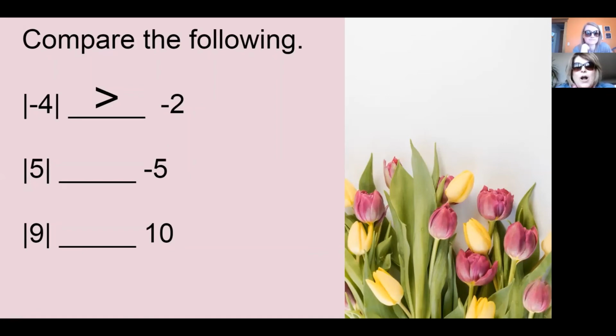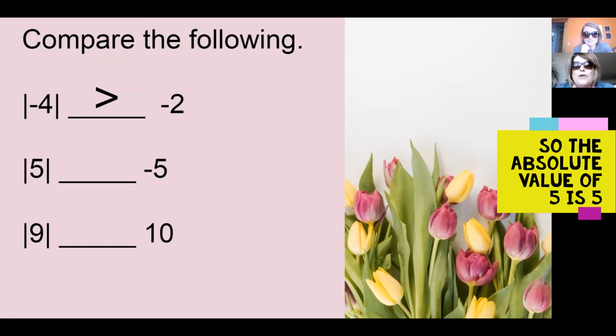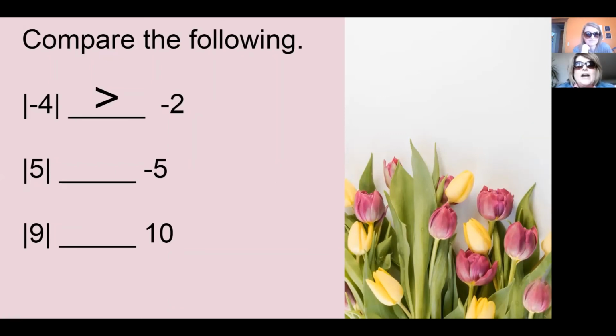The next problem, the absolute value of 5. 5 is 5 numbers away from 0. So the absolute value is 5. And I'm comparing it to a -5. Which one's bigger?